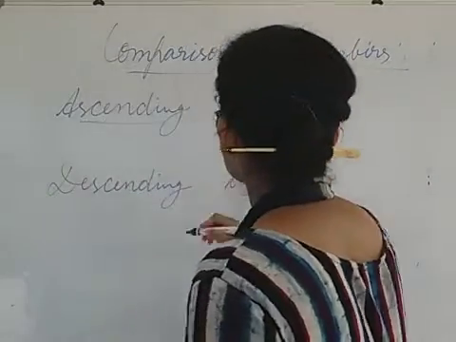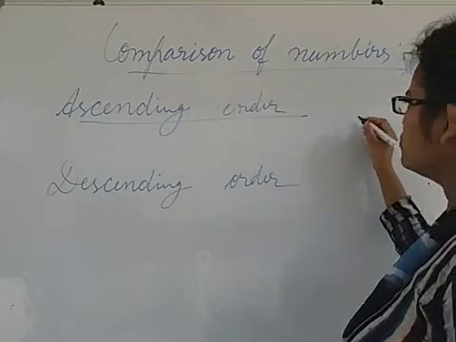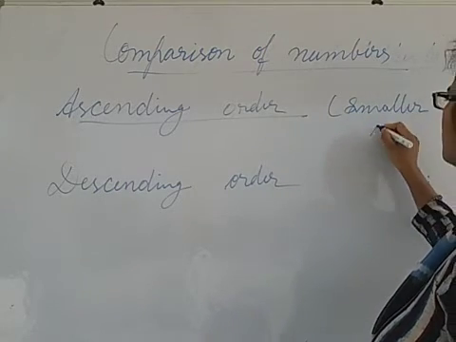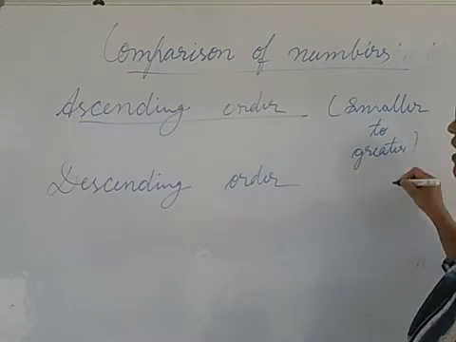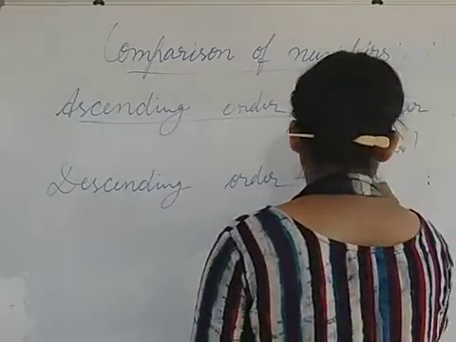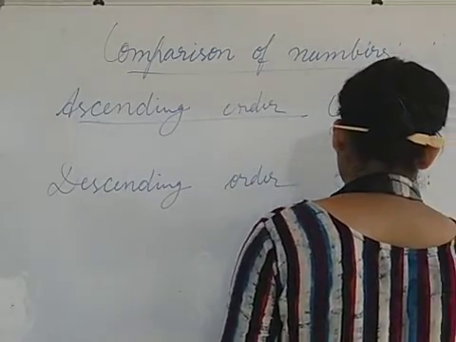In ascending order, we arrange the numbers from smaller to greater. And in descending order of arrangement, we write greater to smaller.